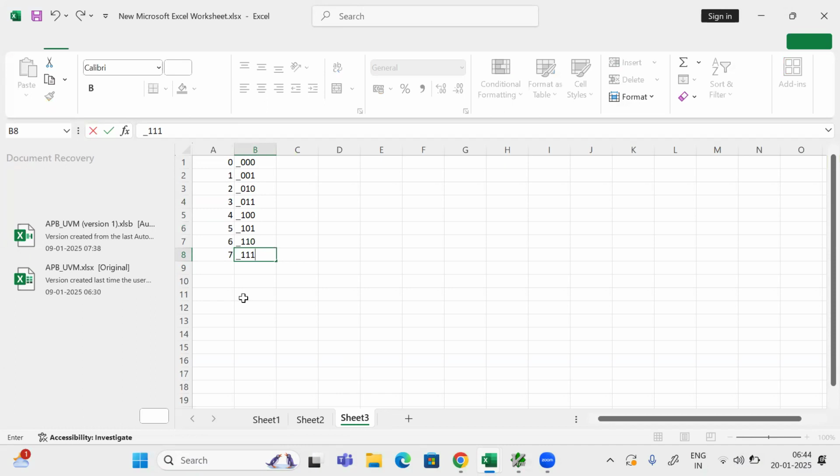Actually, in Excel, if I write 000, three zeros, I'll get a single zero. I wanted to avoid that, so I have written a special character. Okay, clear?